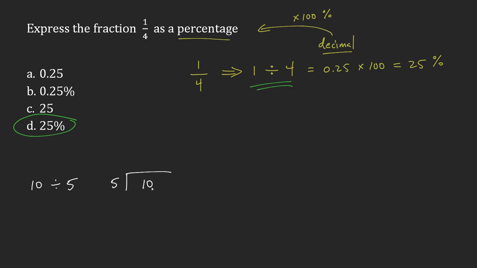So 5 does go into 10, 2 times. 2 times 5 is 10, and that leaves a remainder of 0. If you get a remainder of 0, it means you're done, and so your answer is 2. That's nice and easy if I have something like 5 going into 10, but here we have kind of an odd question.